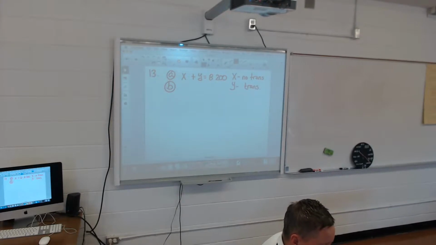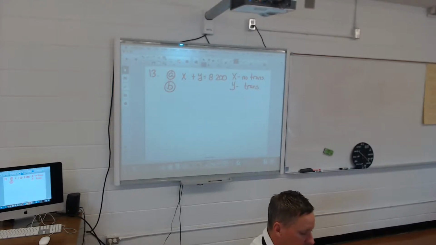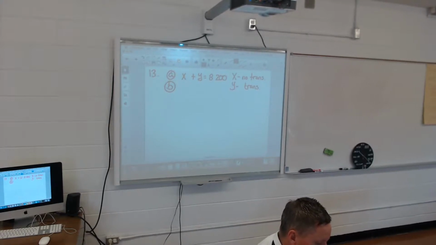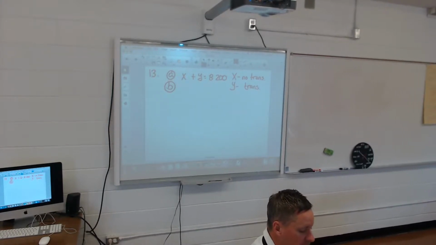How would you find it? You times it by 4. Times it by 4, right? So if the number of cars was X, and I had $395 per car, how would you find out what the total cost was?